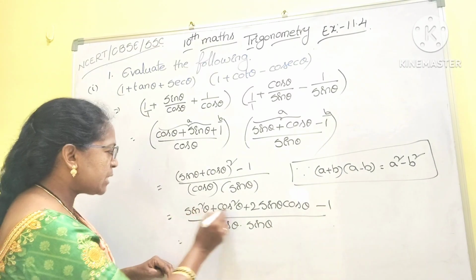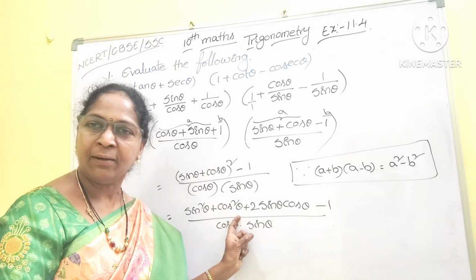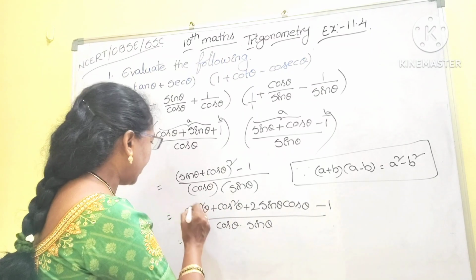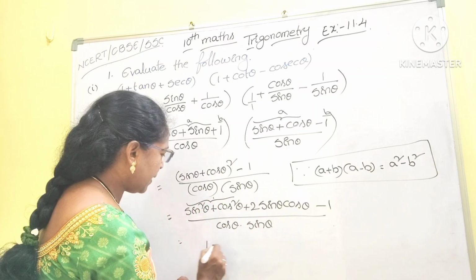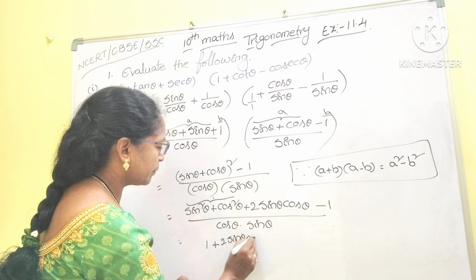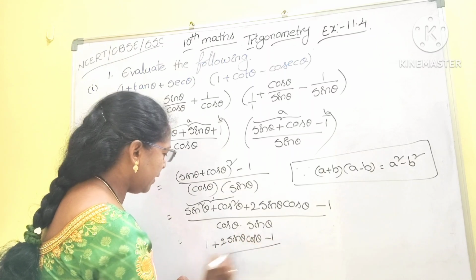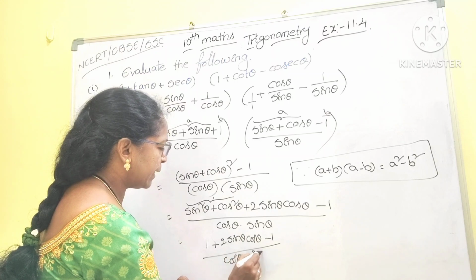Now sin square plus cos square equals, we have another identity, that identity you can apply here. That value equals 1. So 1 plus 2 sin theta cos theta minus 1, divided by cos theta into sin theta.